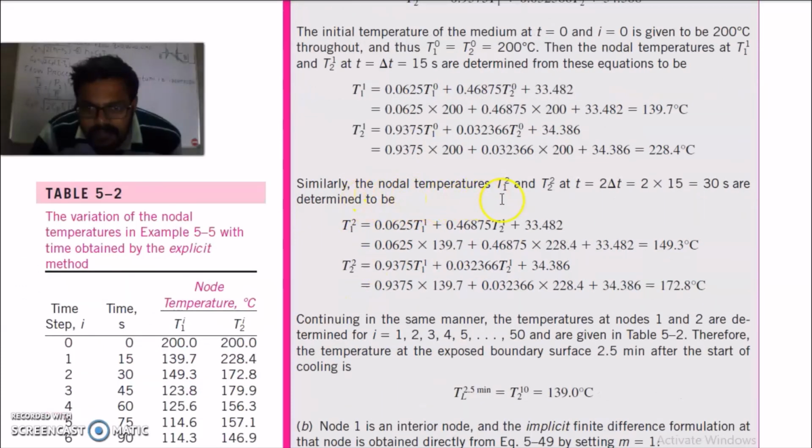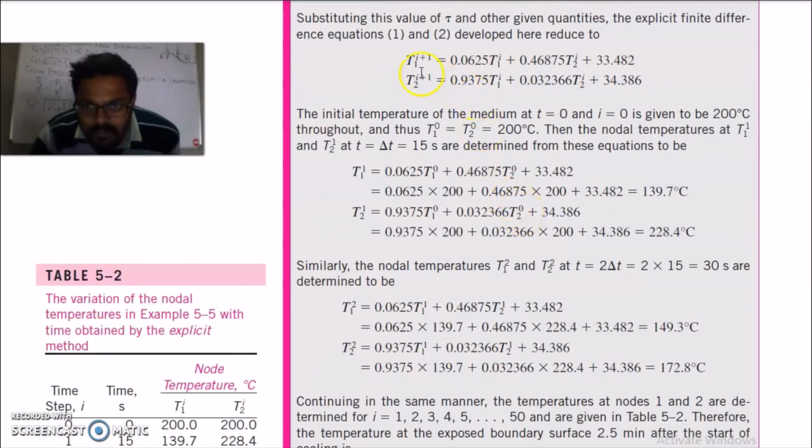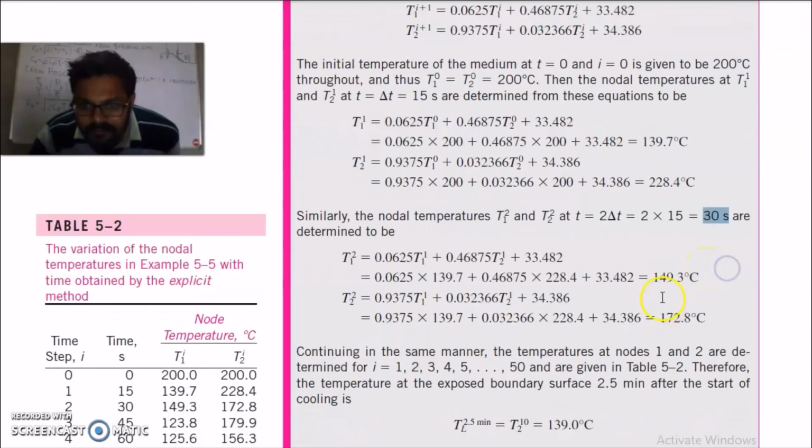Similarly, the nodal temperatures T1 2 and T2 2, mean at first and second node after 30 seconds, are determined. Similar case, you can put value of I equal to 0 and then you can put I here 1. You will get this value T1 2 and T2 2, and when you put I equal to 1 here, it means you are finding the value corresponding to 30 seconds.